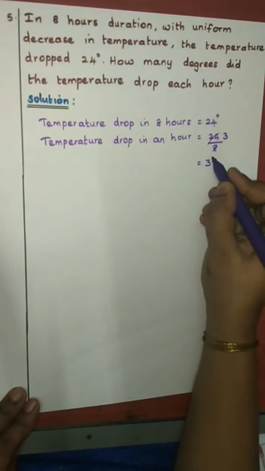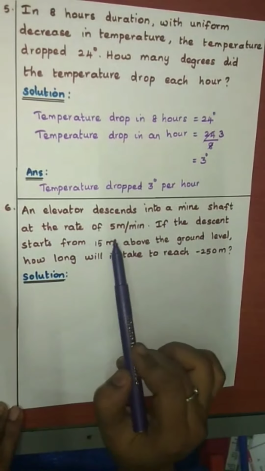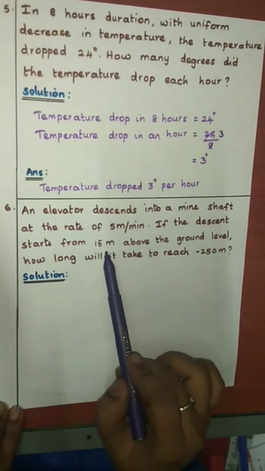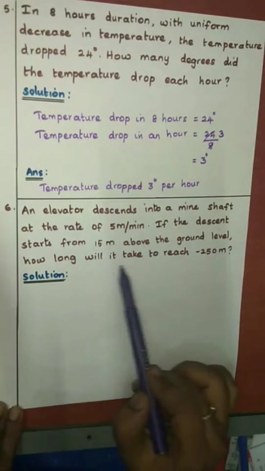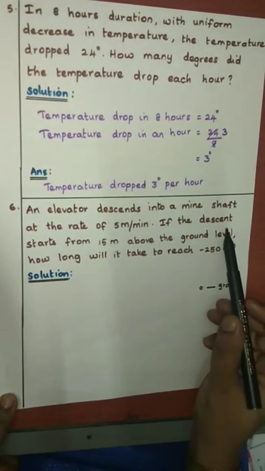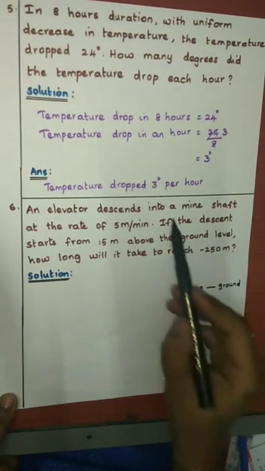Sixth problem, an elevator descends into a mine shaft at the rate of 5 meters per minute. If the descent starts from 15 meters above the ground level, how long will it take to reach minus 250 meters? So what is given here? An elevator descends into the mine shaft at the rate of 5 meters per minute.